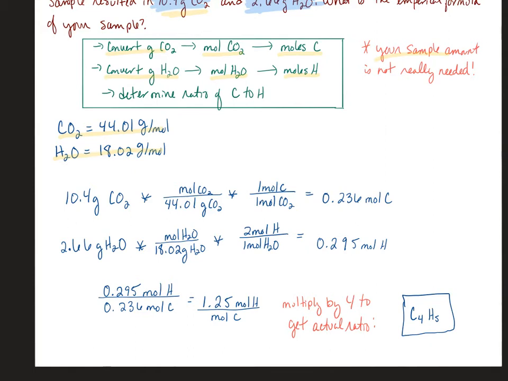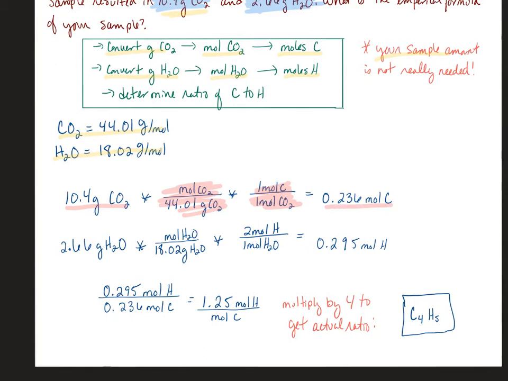So we start by saying we have 10.4 grams of CO2, convert that to moles of CO2 through the molar mass, and then we convert that to moles of carbon, because that's what we're actually after, not CO2, and we do that through the relationship, because every one CO2 has 1 mole of carbon, and so we figure out how many moles of carbon we have that way.